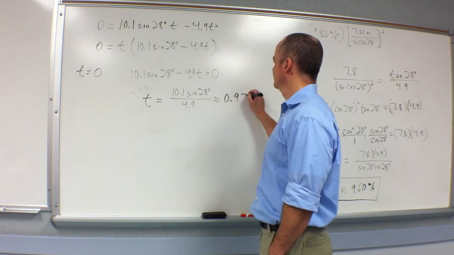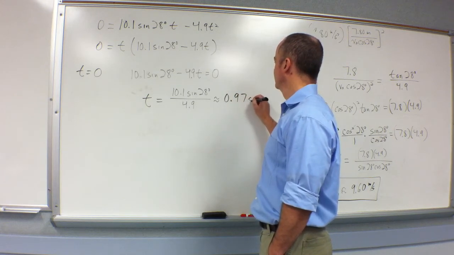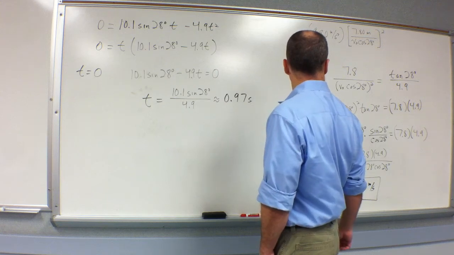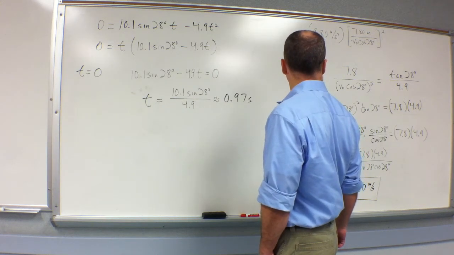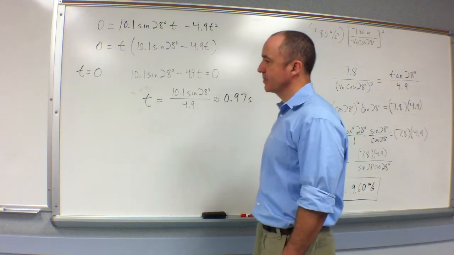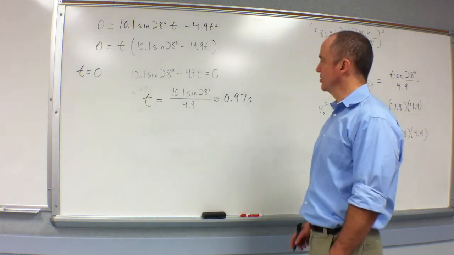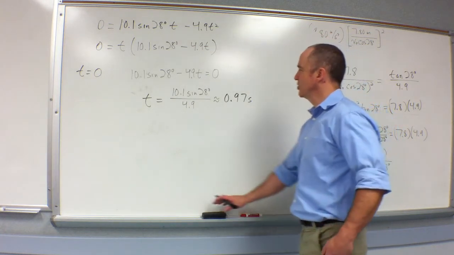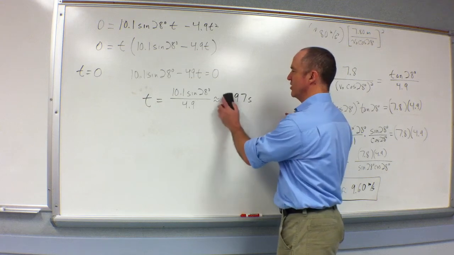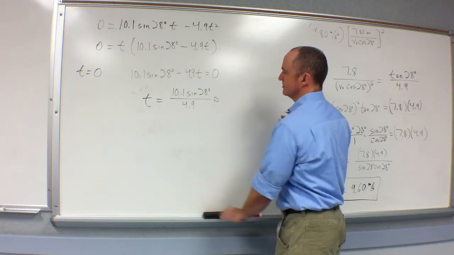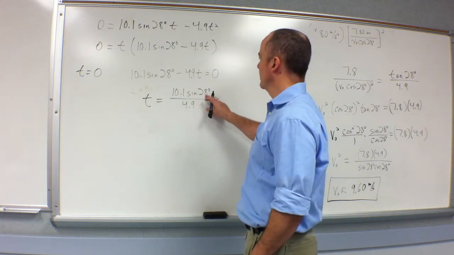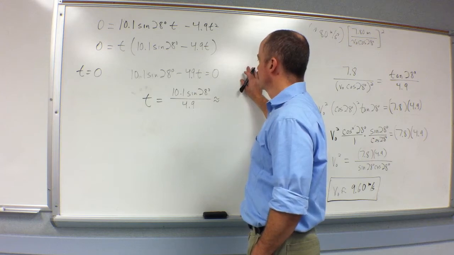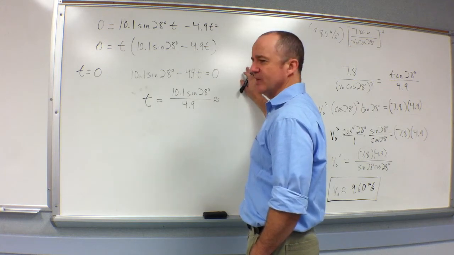What did we get for the last one? What was his time in the air with the last problem? Did we find out? Do you remember? 2 seconds, I think. 2.1. That doesn't make sense. Sine 30 would be 1/2. This should be around what did you get?